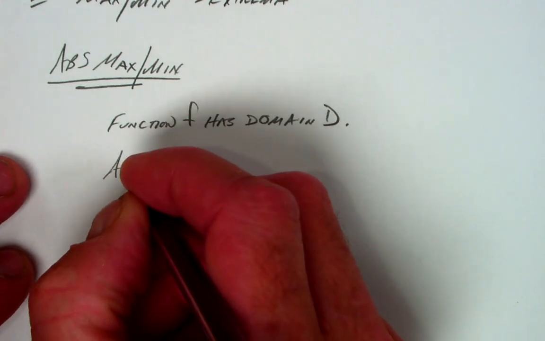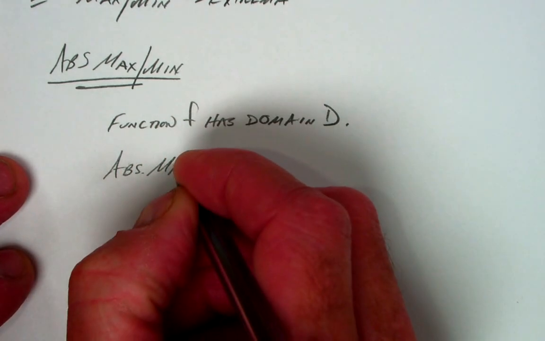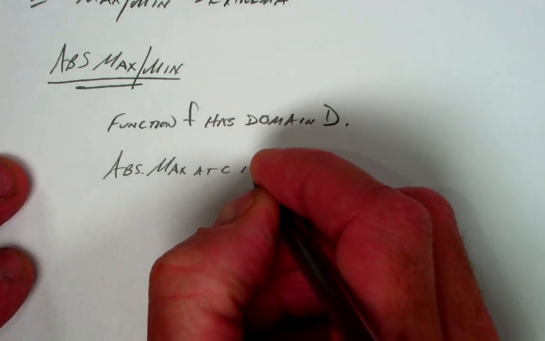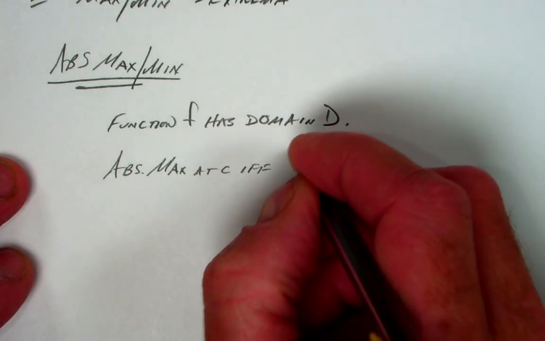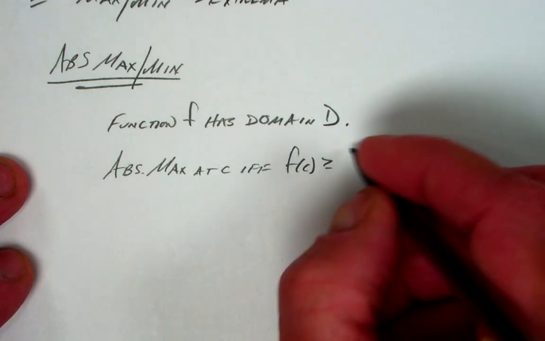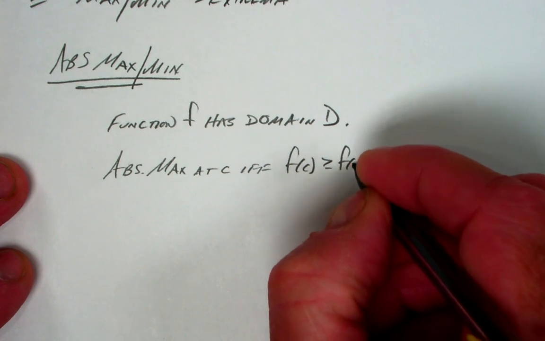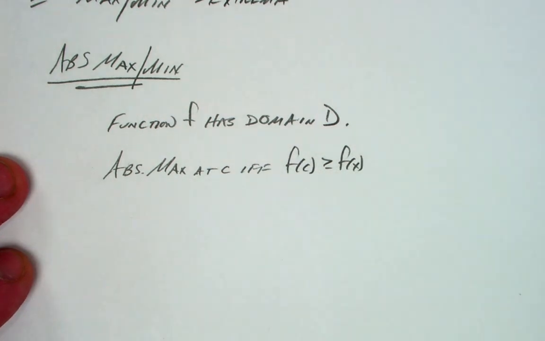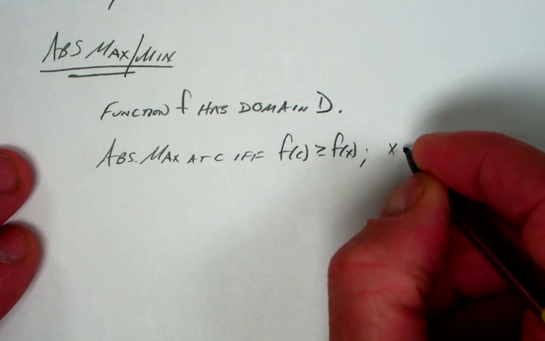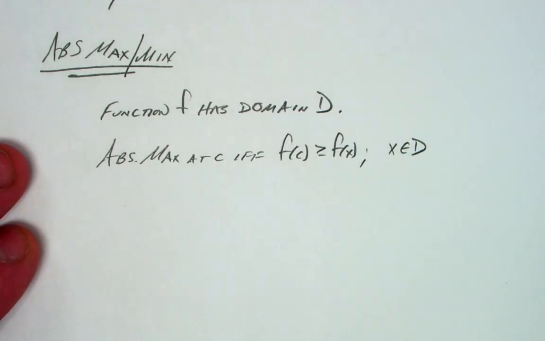It's got an absolute max at C if and only if f of C is greater than or equal to f of x. And I'm going to give you a notation that the book doesn't even give you for all x that belong in my domain.